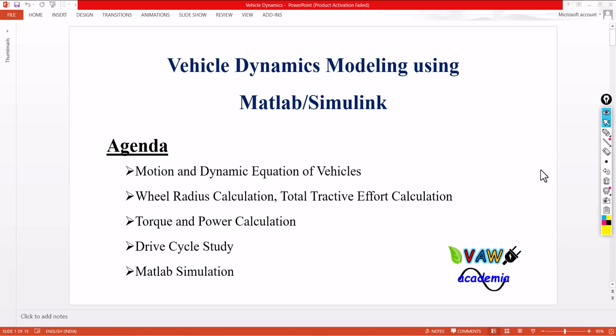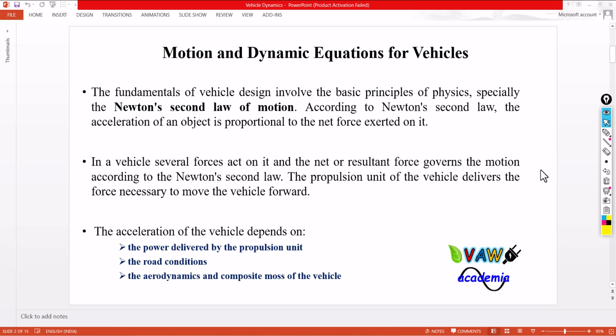Before we move on to this Matlab simulation, we will just see what the motion and dynamic equation of vehicles is, and what all the opposing forces involved in vehicles are. Then we'll move to the Matlab simulation. The basic principle behind the dynamics and motion of vehicles is Newton's second law of motion.